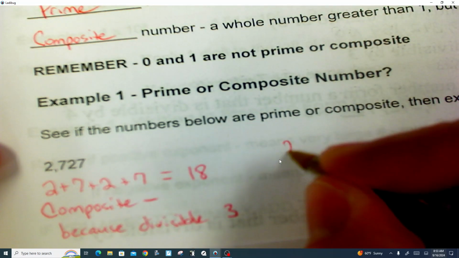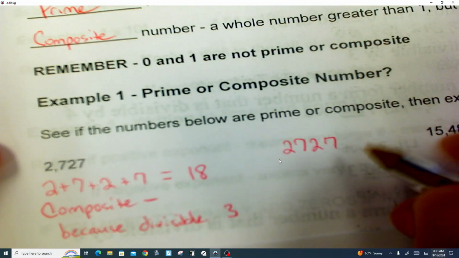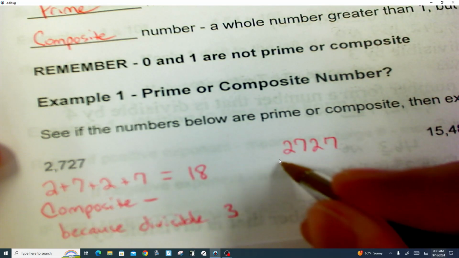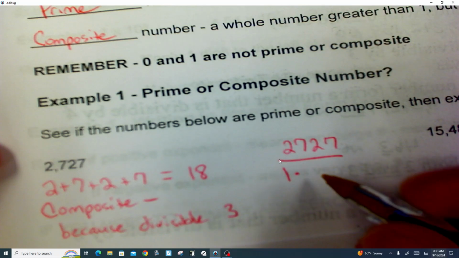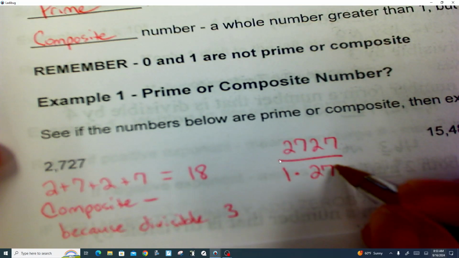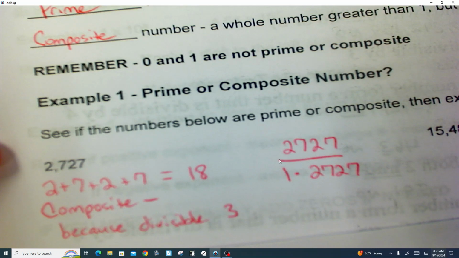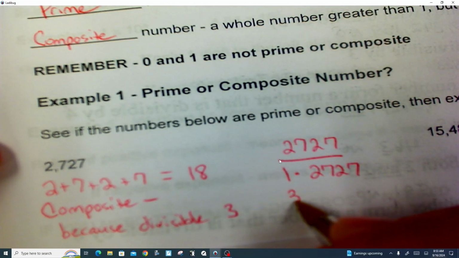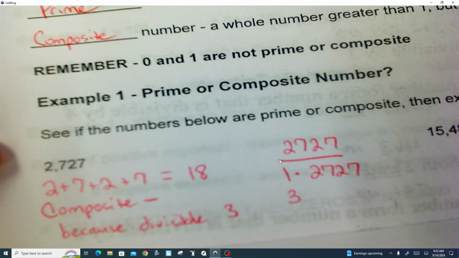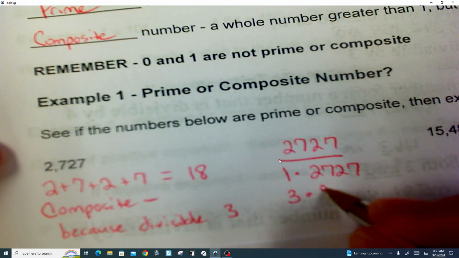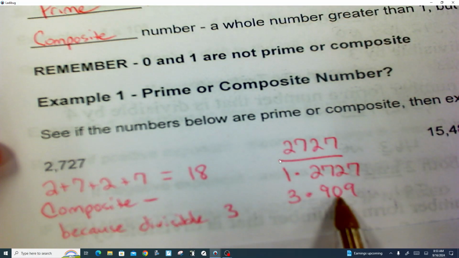So if I looked at 2,727, would you agree with me that 1 times 2,727 is 2,727, right? So there's your two factors. And now if I divided this big old number by 3, we'd get 909. So if I times 909 by 3, we'd also get 2,727.